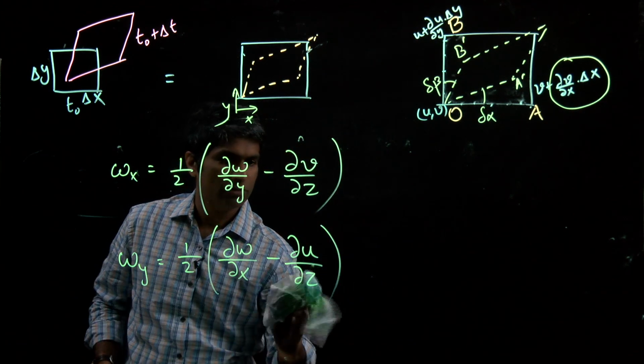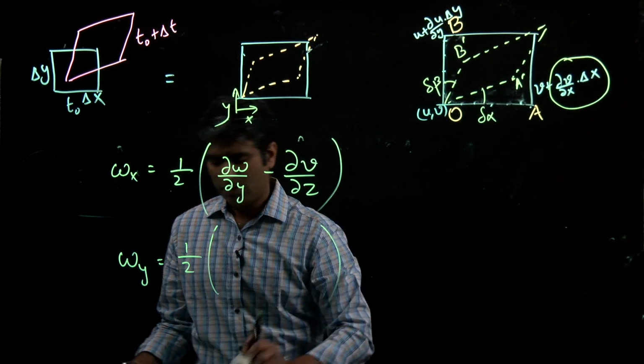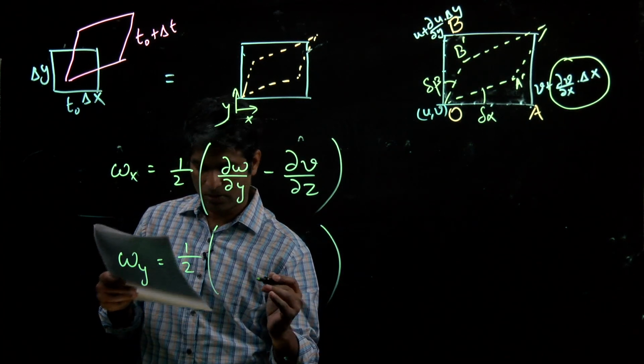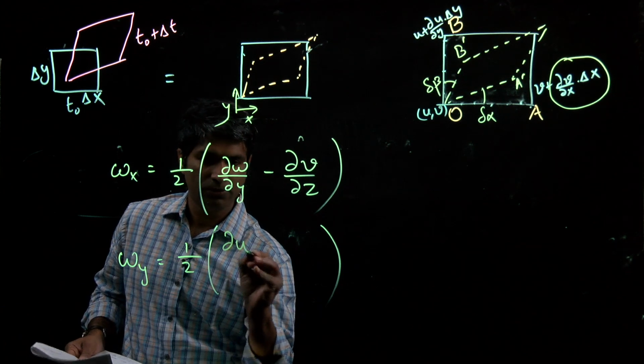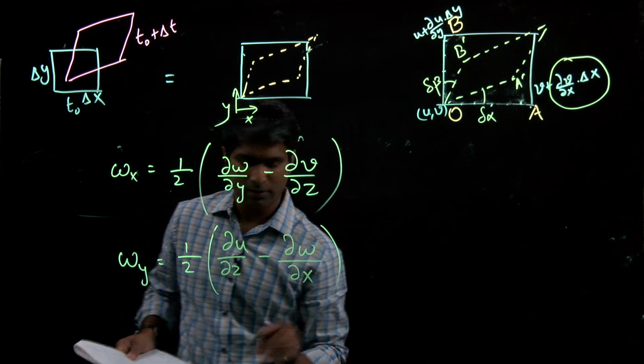I think I have this wrong. It's the negative of this. So that should be half del u del z minus del w del x.